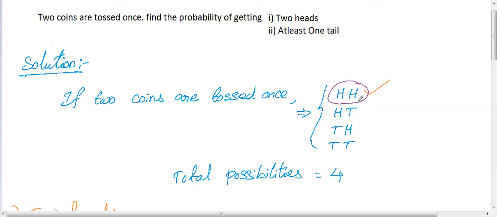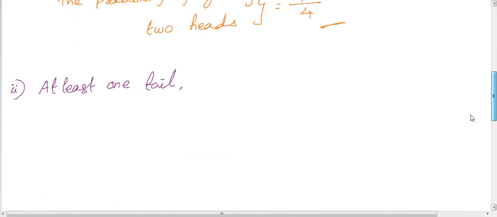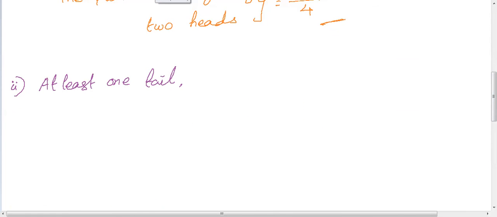In HH we don't have any. The second one, HT, we have one tail, and this one we have one tail, and this one we have two tails. So in these three possibilities we have at least one tail. So the number of favorable possibilities is 3.